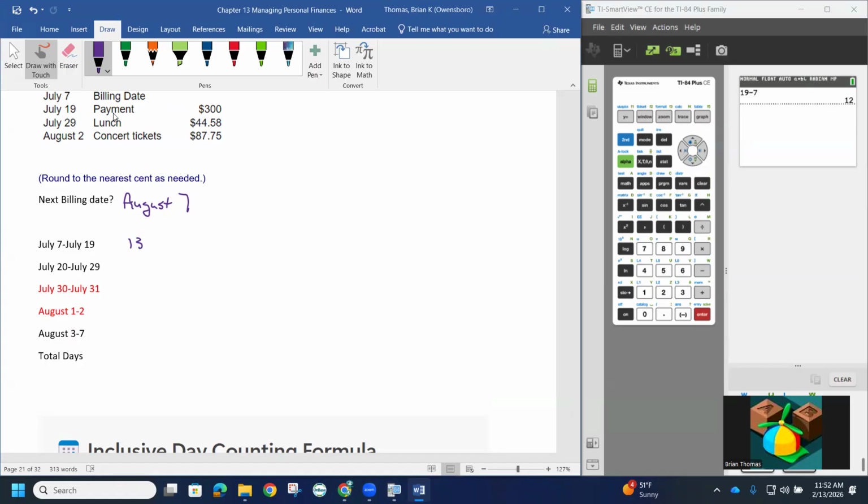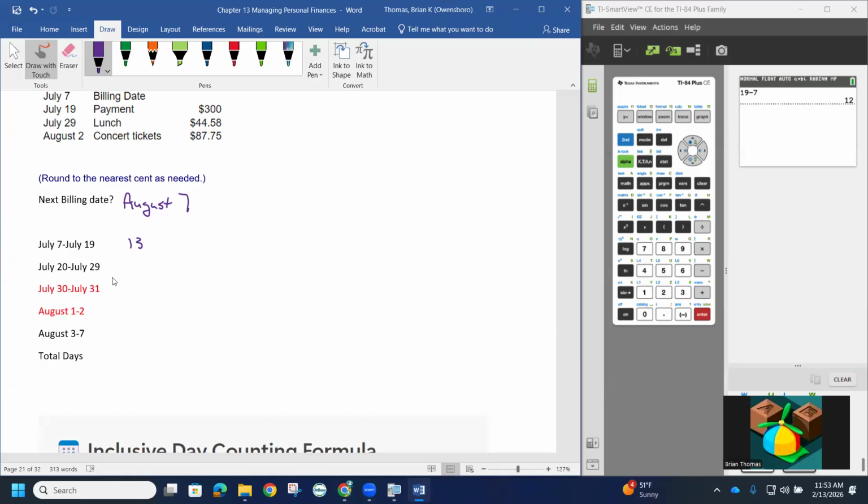But notice how on July 19th we made a payment. So starting on July 20th, our balance changes until we get up to July 29th, and then we make some more transactions. So we need to figure out how many days there are from July 20th to July 29th, because that's how long it took before we did anything else.